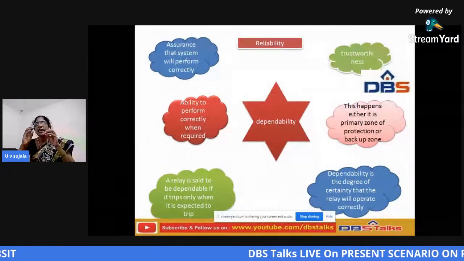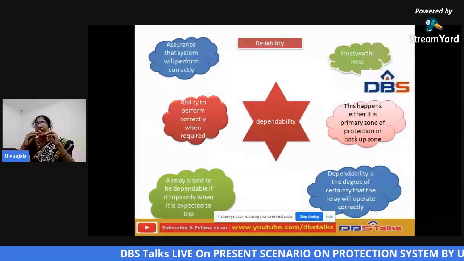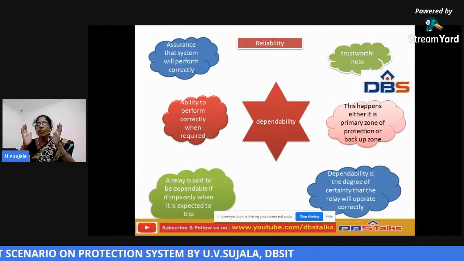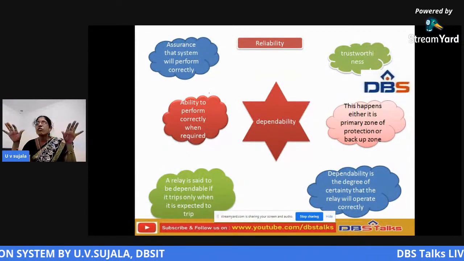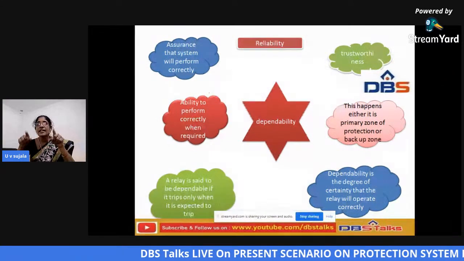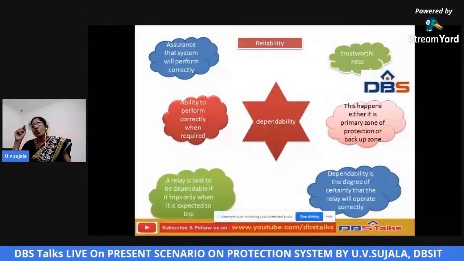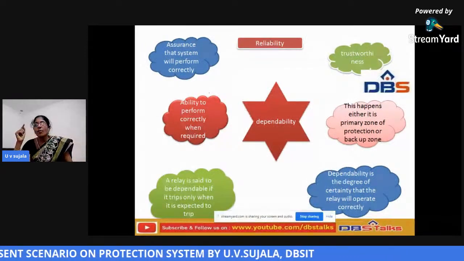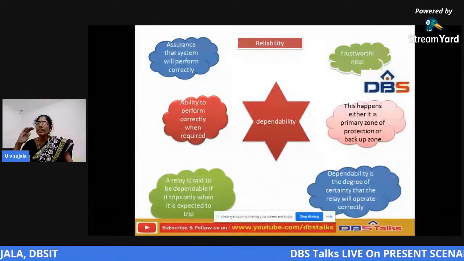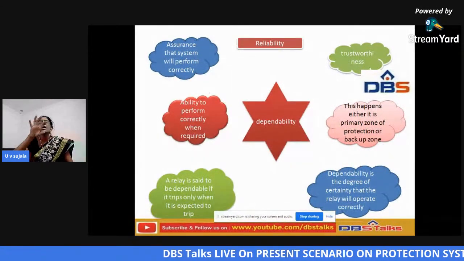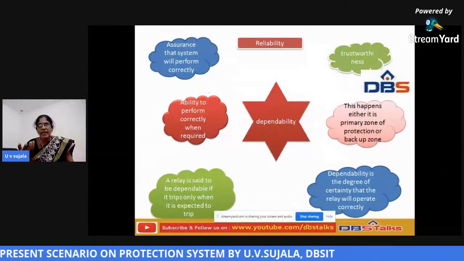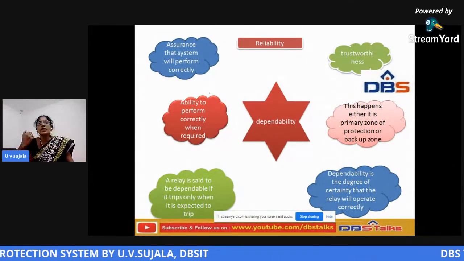Only then it is called dependability: the ability of the protection system to operate when called upon to remove a faulted element from the power system. So here, complete dependability is to perform correctly, and we have the relay.